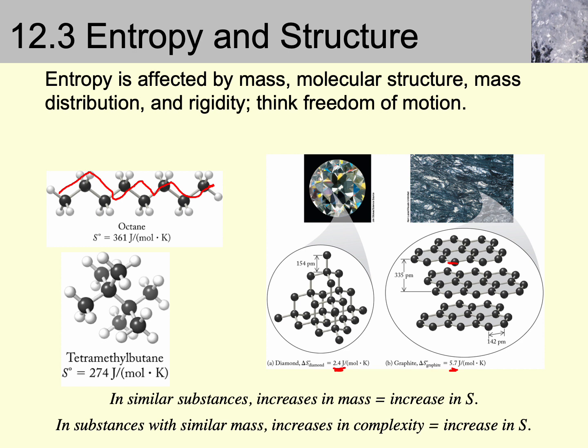Also, we need to think about solids, liquids, and gases. The entropy of a solid is going to be less than the entropy of a liquid, which is less than the entropy of a gas, which would be the highest entropy, because the gas has more freedom of movement than the liquid, and the liquid has more freedom of movement than a solid would have.